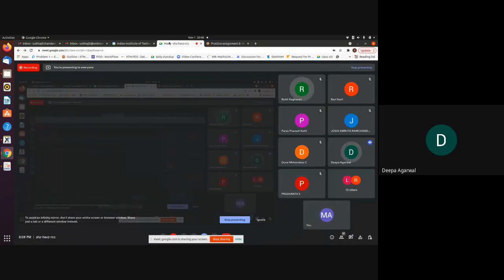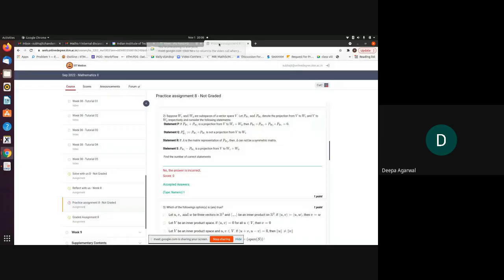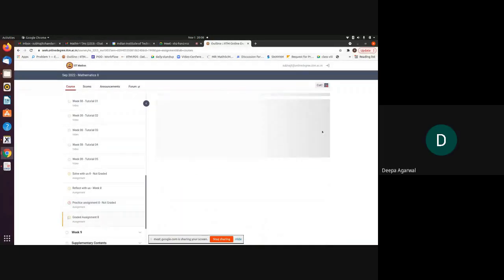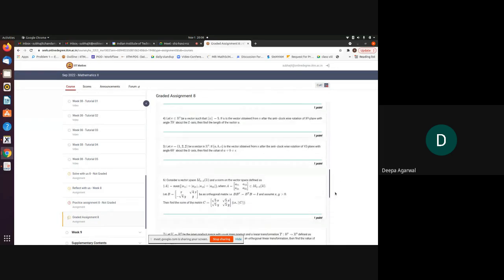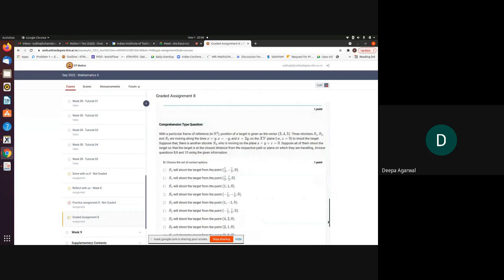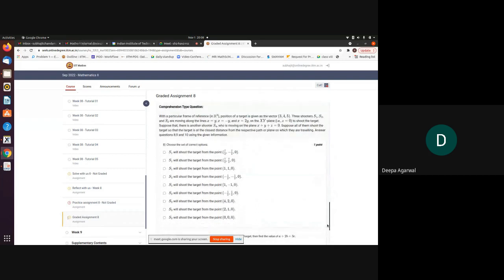Sir, can you please give some hint to solve graded assignment question number 9? The graded assignment is still due, no? Sir, only some hint. I tried, but I am not getting it. This is just finding the projection, the nearest distance, in finding the projection. The plane x plus y plus z is a subspace, right?